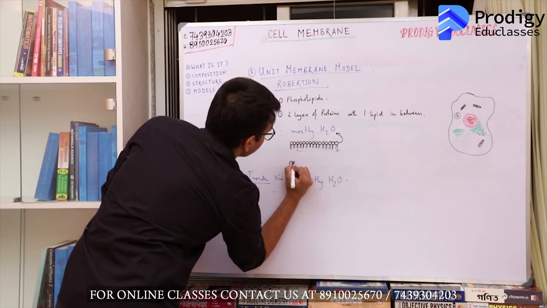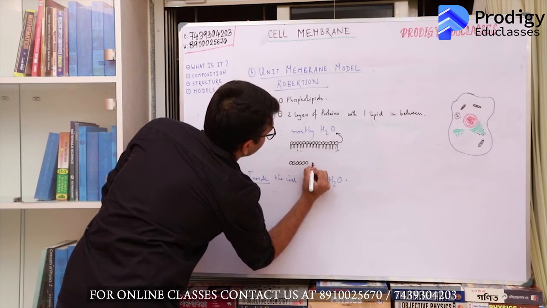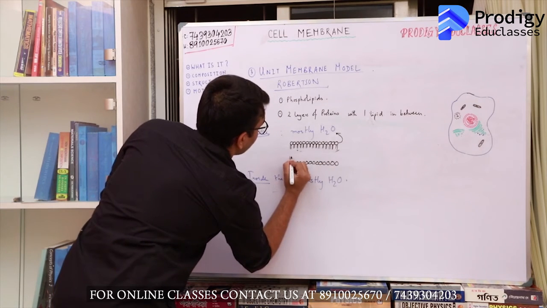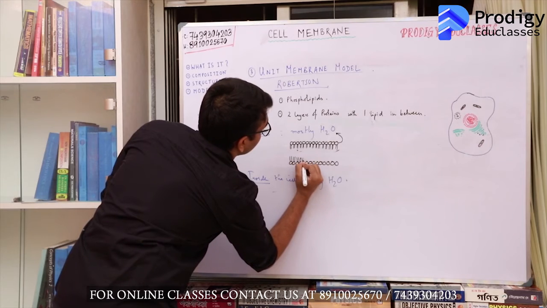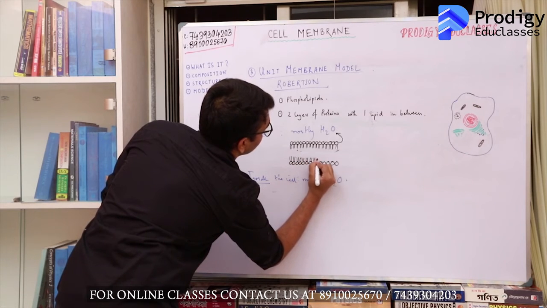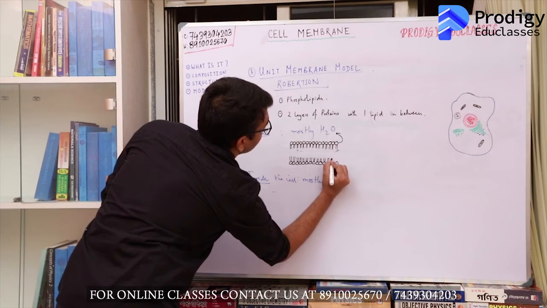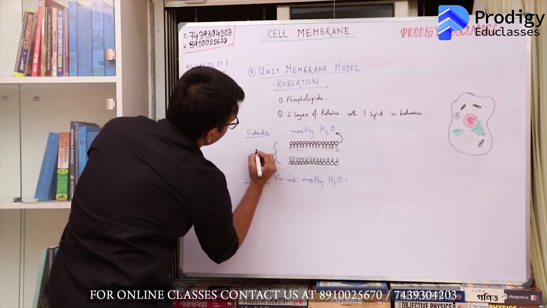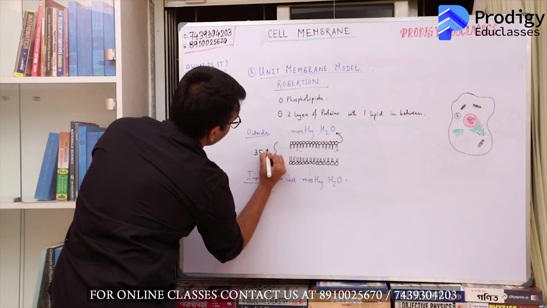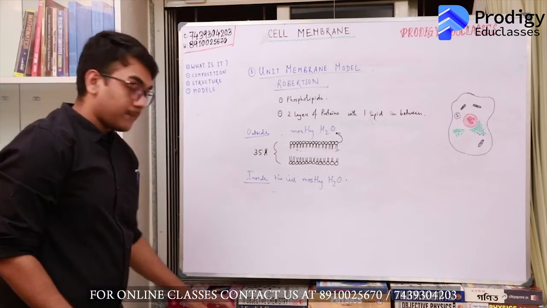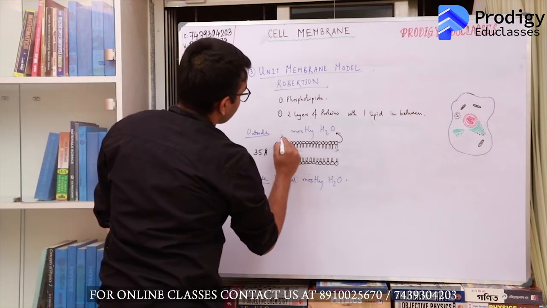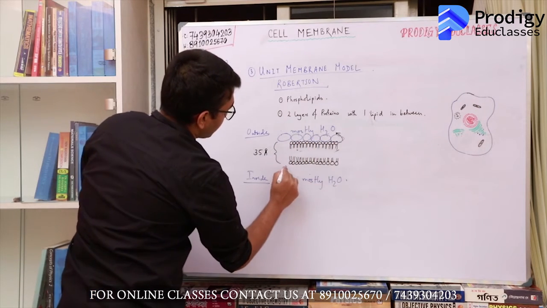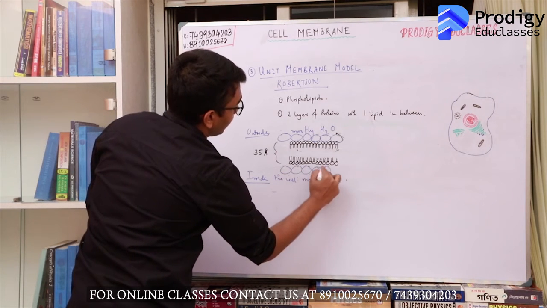So the model that Robertson proposed was that it had a single intervening layer of lipids which was 35 angstrom thick, and to surround it there were proteins on the outside and proteins on the inside.